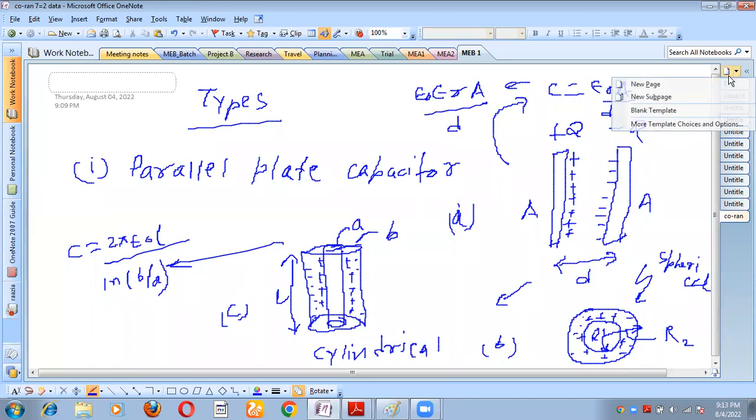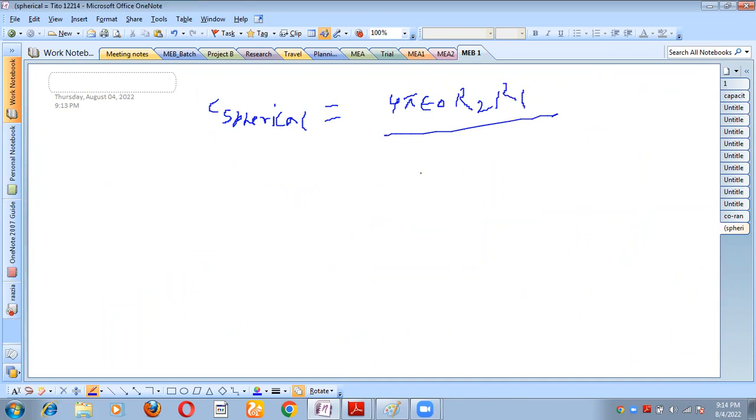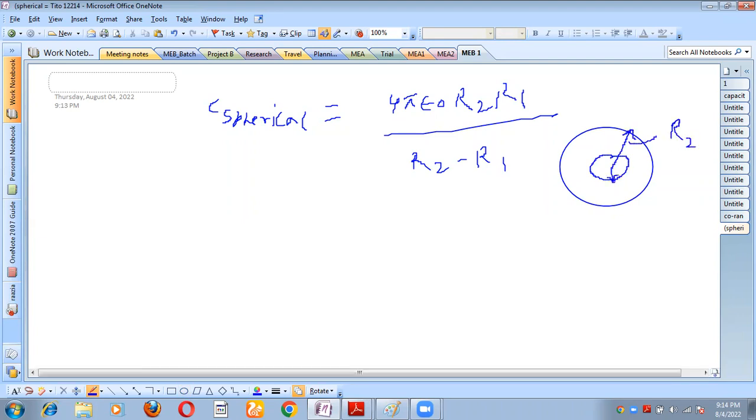So for a spherical capacitor, the capacitance is 4 pi epsilon naught R1 R2 divided by (R2 minus R1).